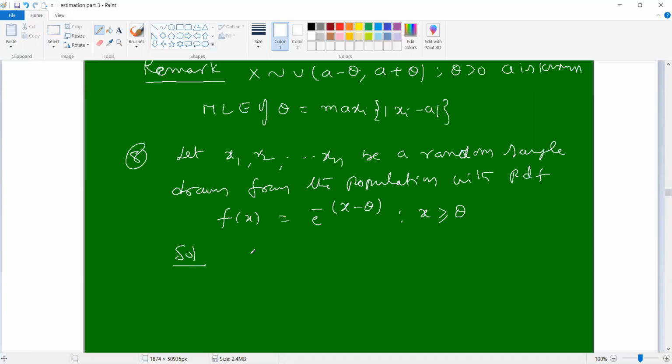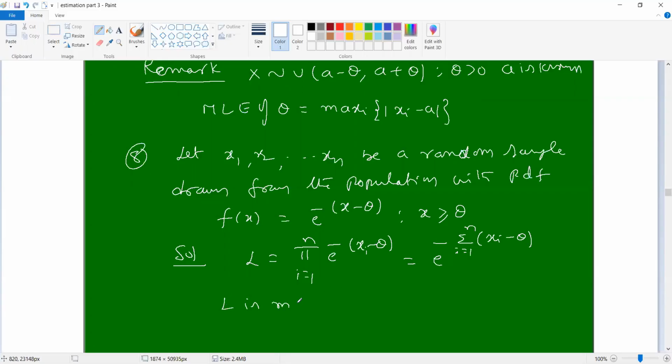Now here L is equal to the product, i is equal to 1 to n, of e power minus of xi minus theta. So now this is equal to e power minus summation i is equal to 1 to n of xi minus n theta.